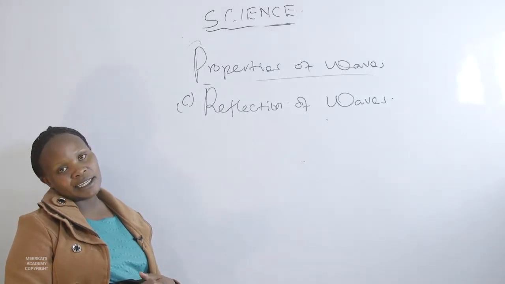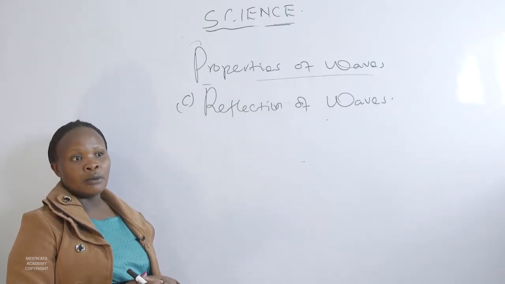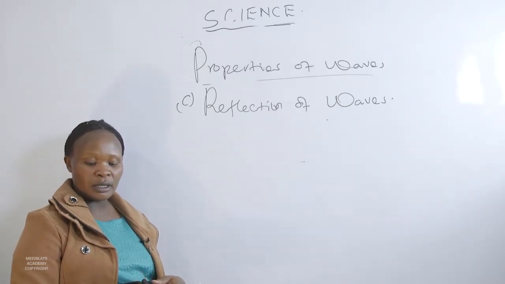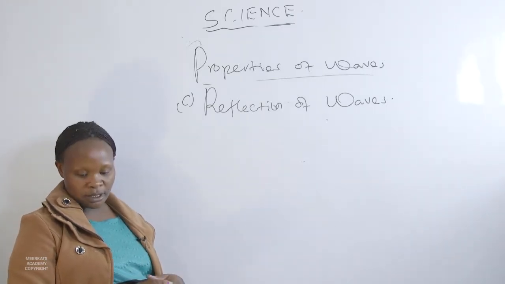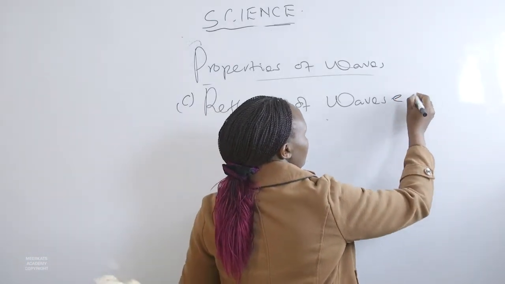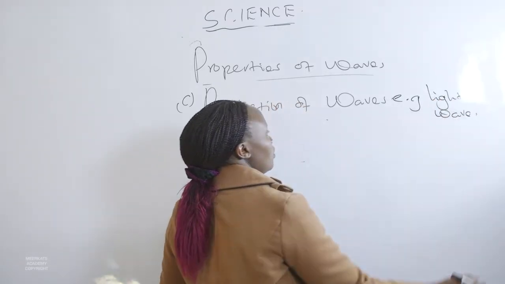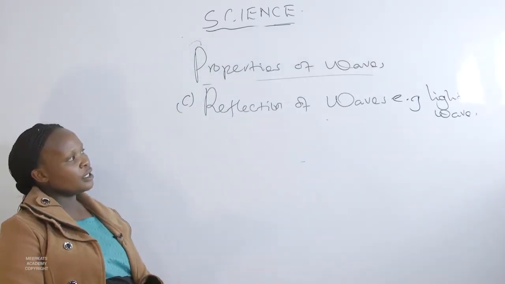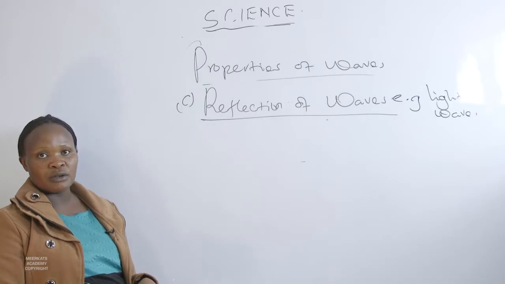Now, light is an example of a wave, whereby light will travel from one point to another and can change direction depending on what it comes across. Basically, we are going to look at how a wave behaves when it comes across an obstacle.